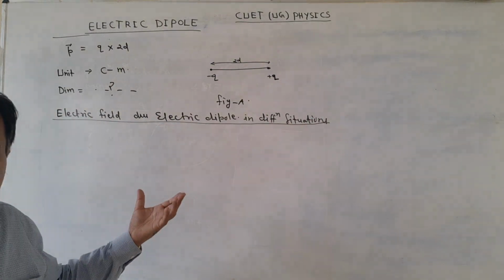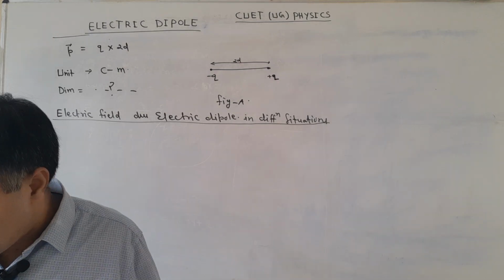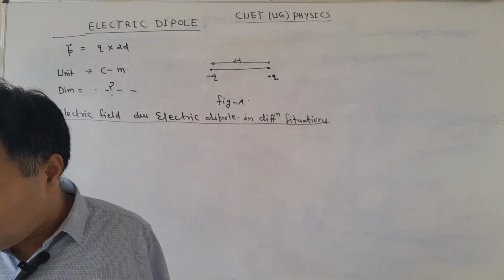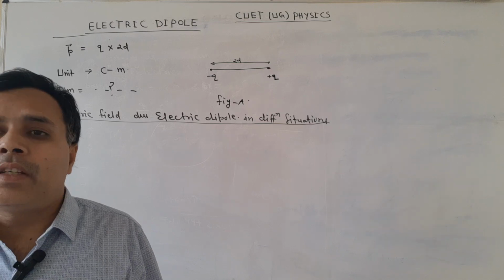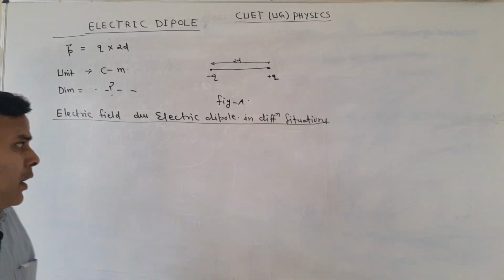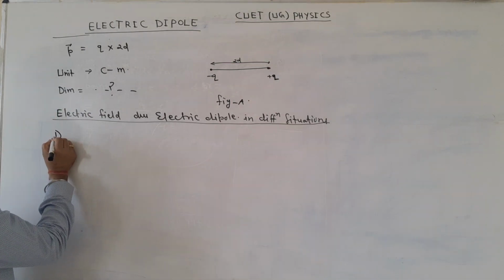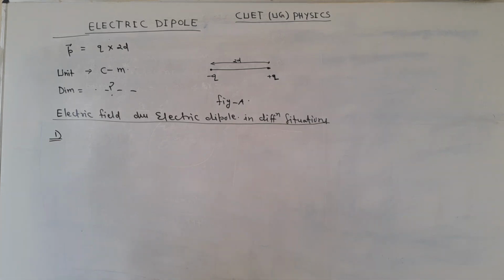In this lecture I will discuss three different situations in which we will write the expression of the electric field. So the first one is the electric field due to a dipole at an axial point.